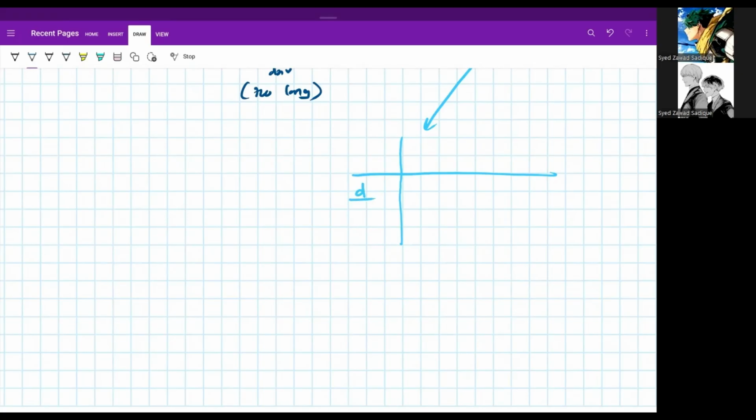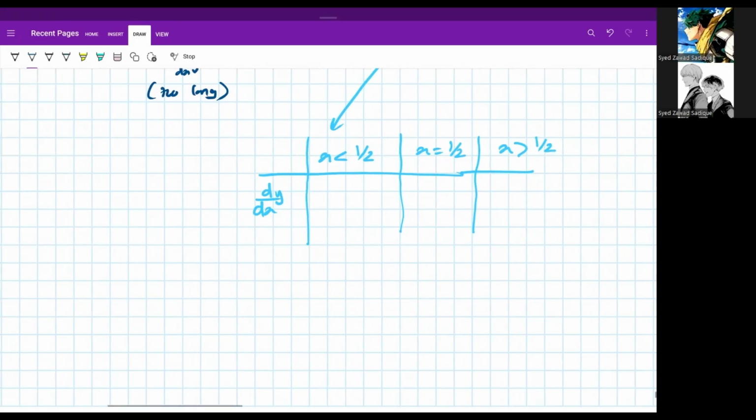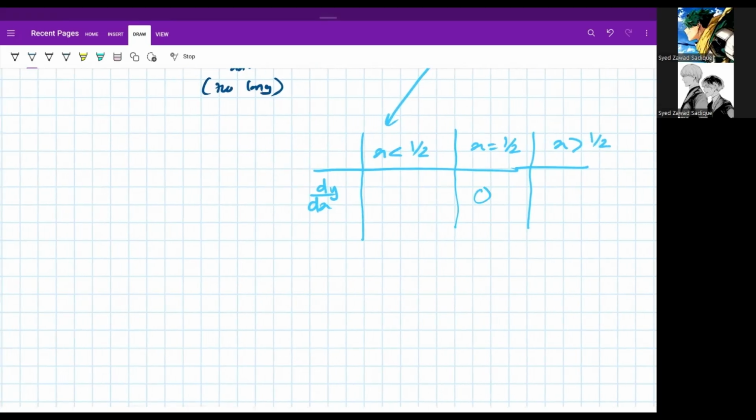This is dy by dx. This is x is less than half, at x is equals to half, and finally, x is greater than half. When x is equals to half, dy by dx is 0.